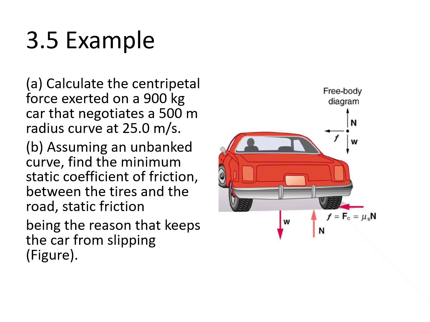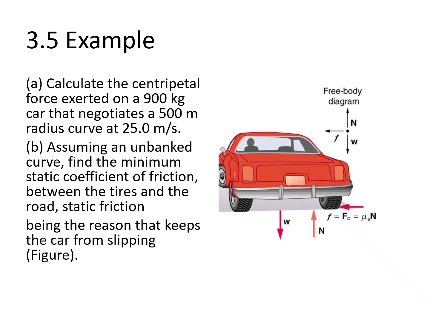Now consider a 900 kilogram car moving around a curve of radius 500 meters at a speed of 25 meters per second. Part A asks for the centripetal force exerted on the car.